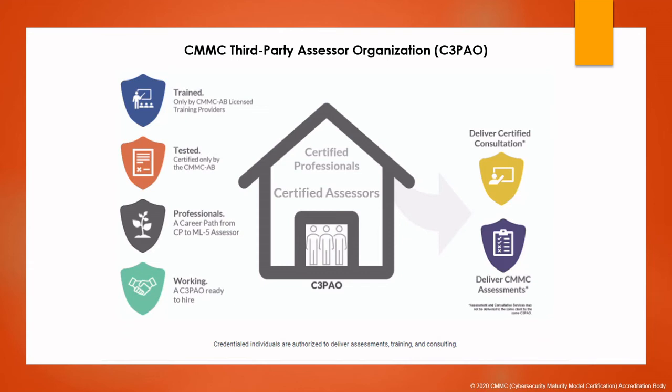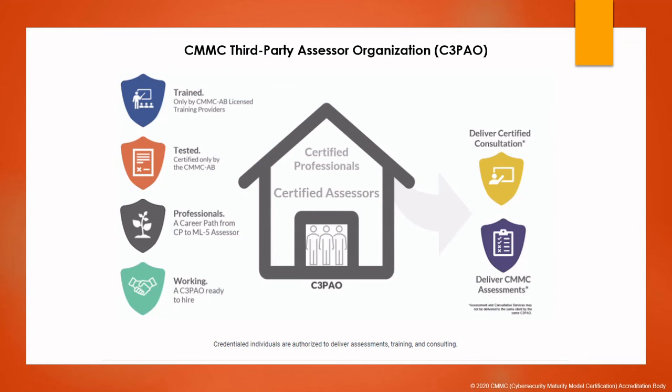So if the organization is found to be compliant with the CMMC maturity level that they're seeking, they will be awarded a CMMC AB certificate that lasts for 3 years. And once you have this certificate, your organization can then bid on the DoD contracts up to that maturity level that they were certified for.